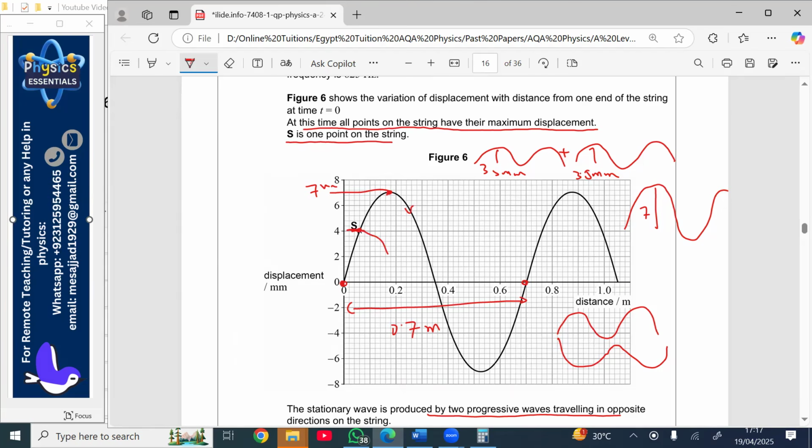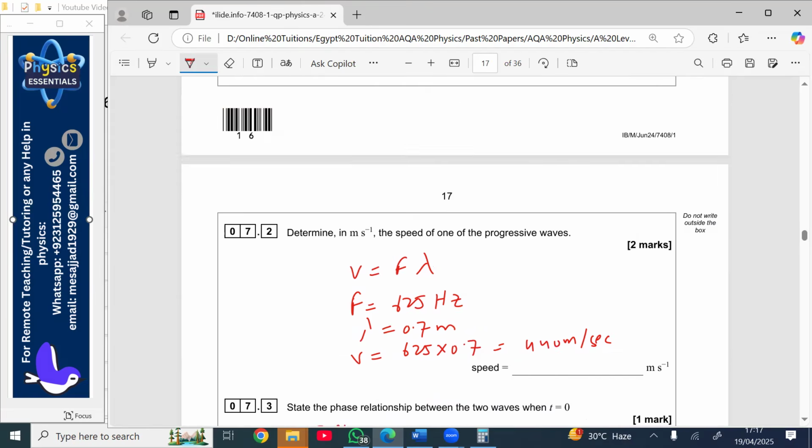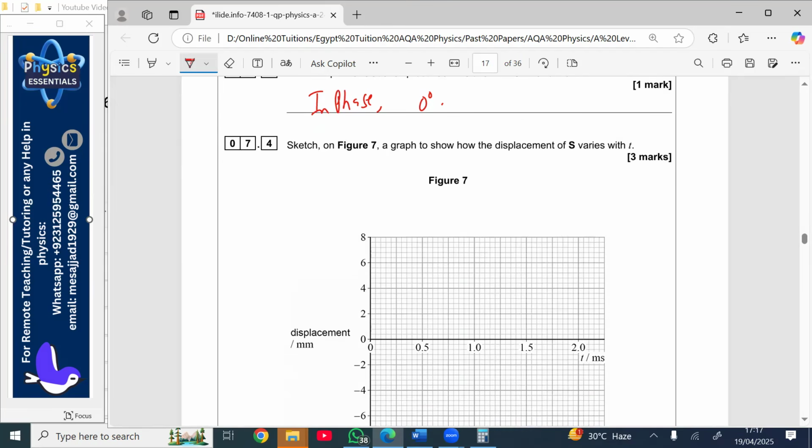Now that is another question: what will be the period for this wave? For that we need to find the frequency and the period. The frequency is 625 Hertz.